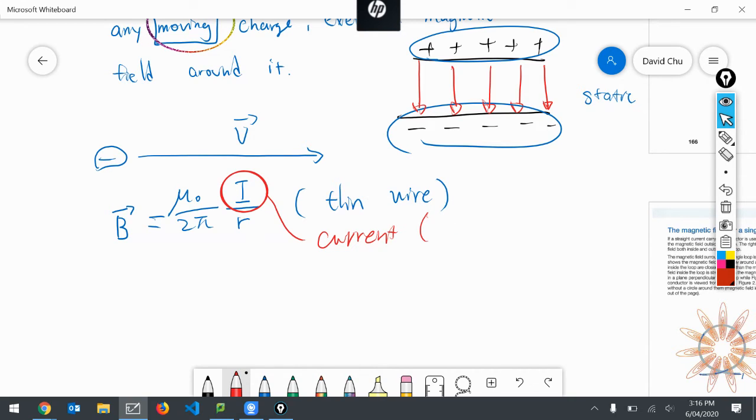Current is measured in amperes, and it's conventional current, so it's always positive. It's positive, so it's in the opposite direction to how the electrons are traveling. And you have your R, which is the radius from the wire, measured in meters.